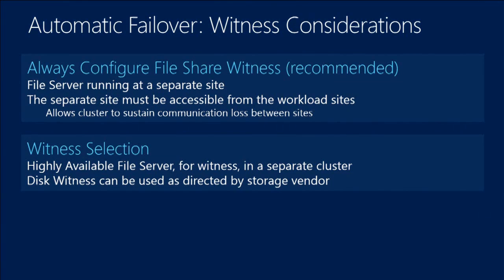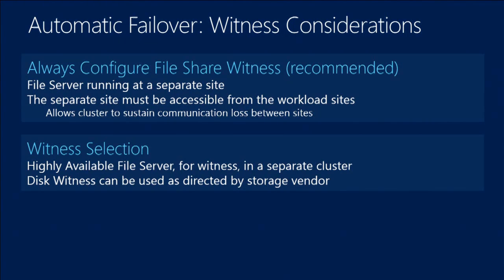I already talked about the file share witness configuration. With dynamic witness, again, always configure file share witness. In terms of witness selection, if you really want, I think EMC has a solution where they provide a read-write access to a replicated storage on both the sites.